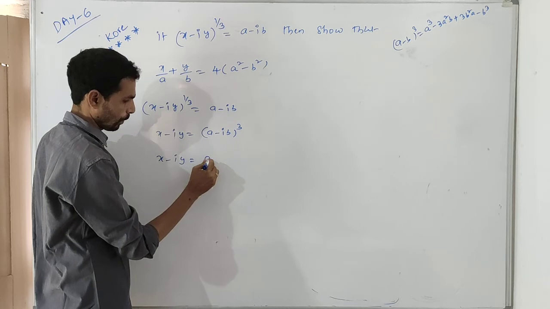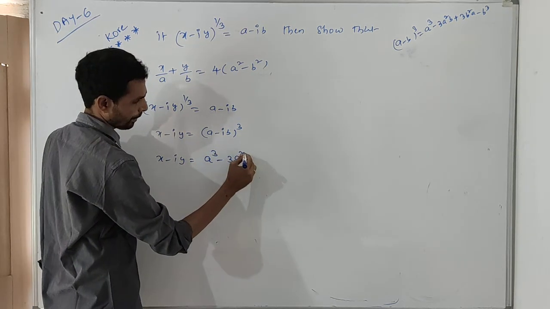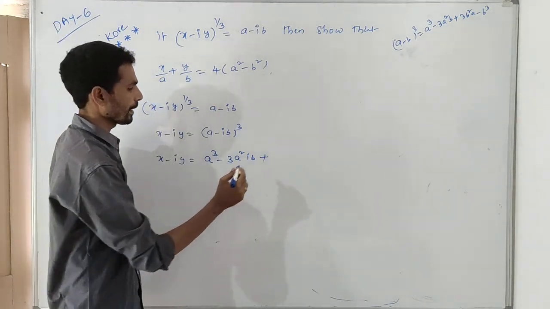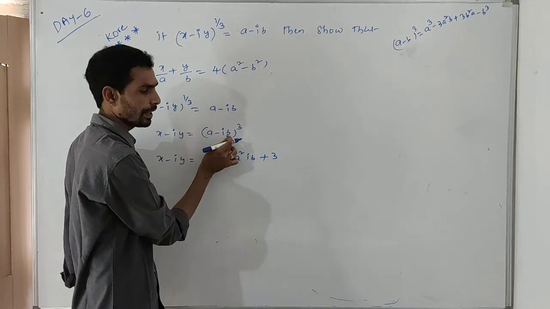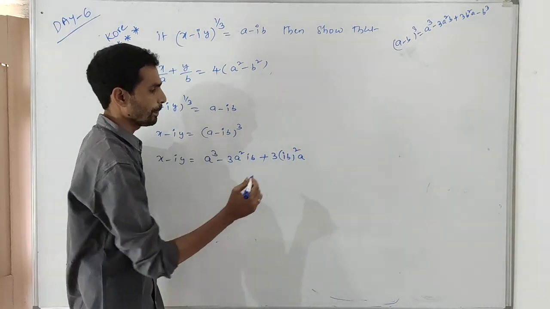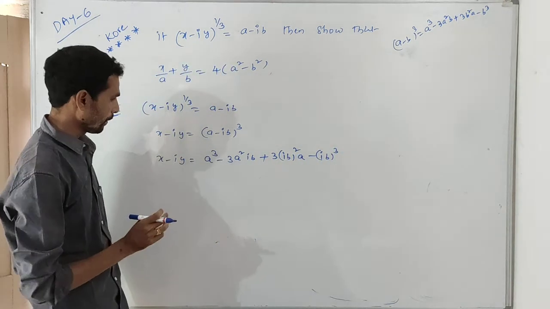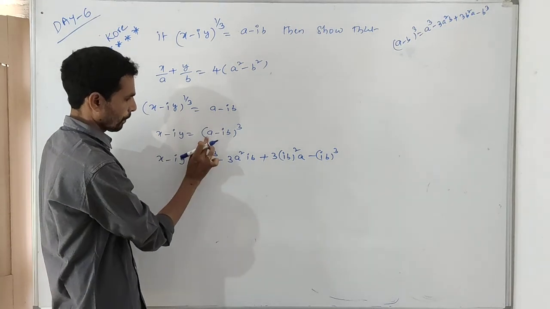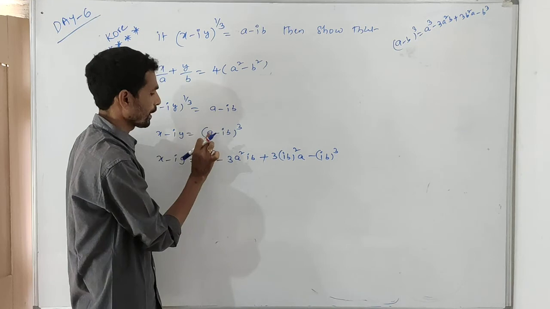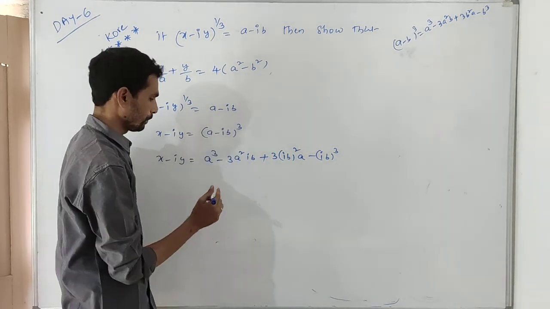So here, in (a − ib) whole cube, a³ is only a³, minus 3a²b where b value is ib, plus 3ab² where b² means (ib)², minus b³ means (ib) whole cube. Once again I will repeat: a³ − 3a²b + 3ab² − b³.